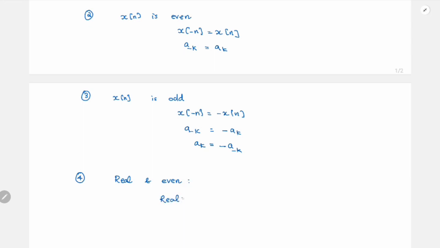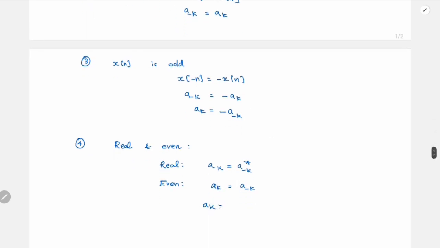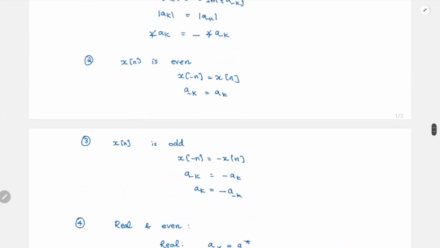For real, I have a_k equal to a_{-k} conjugate, and for even I have a_k equal to a_{-k}. So a_k is going to be equal to a_k conjugate, which means that the a_k's are also real and even, because this denotes even in a_k.